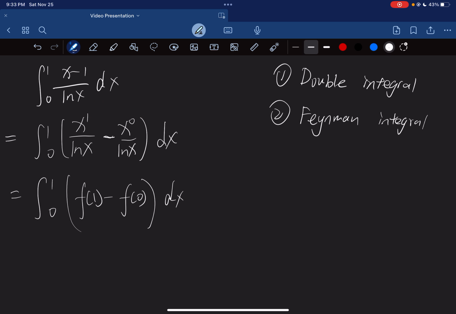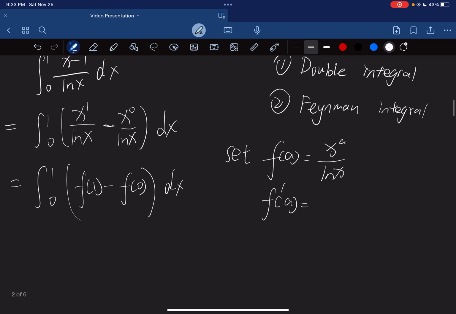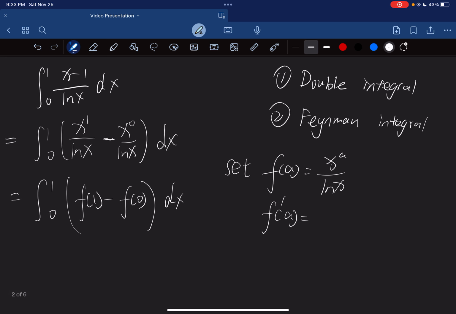So we can set a function fa equals x power a over ln x, as our goal is to remove this ln x out of the equation. So if we find the differentiation of fa, it will be x power a. Why? Because the differentiation of x power a is ln x times x power a.